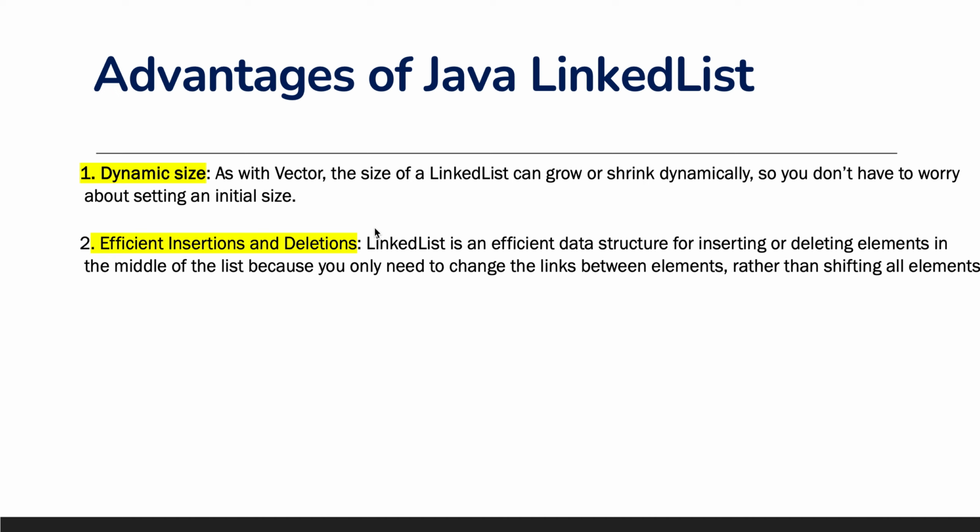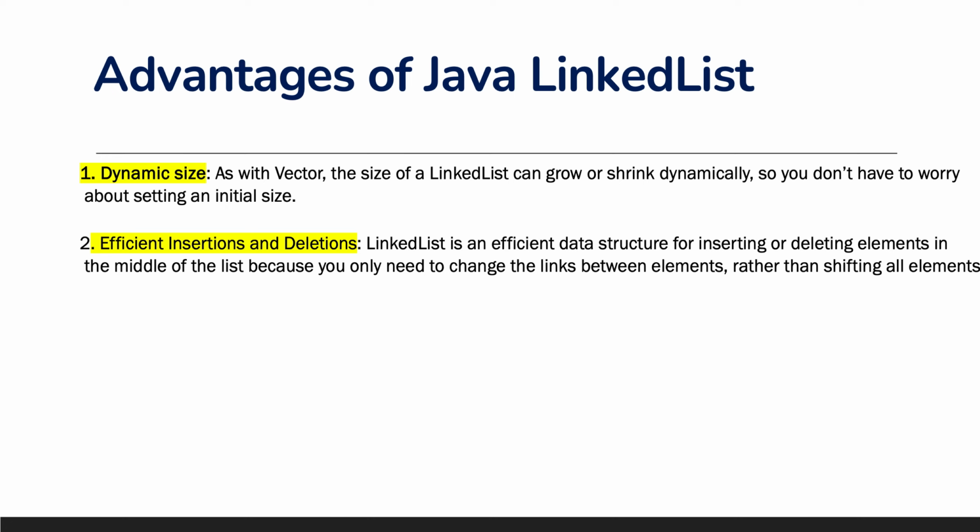Next advantage of the linked list is efficient insertion and deletion. As we have seen already in one of the discussions, in case of manipulation, linked list is fast because linked list is an efficient data structure for inserting and deleting elements in the middle of the list, because you only need to change the link.